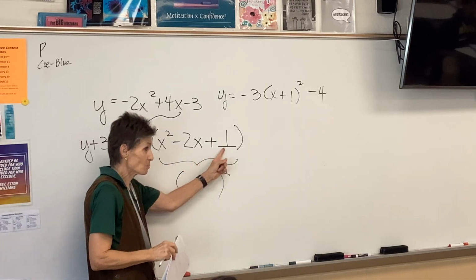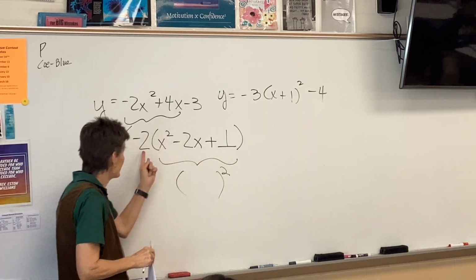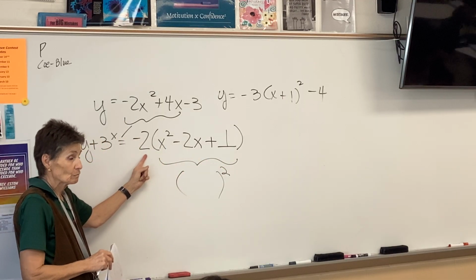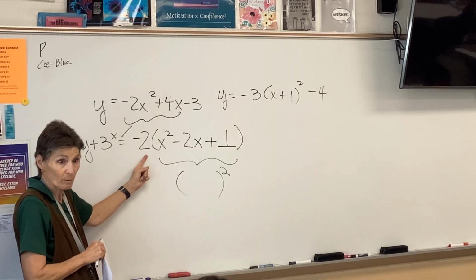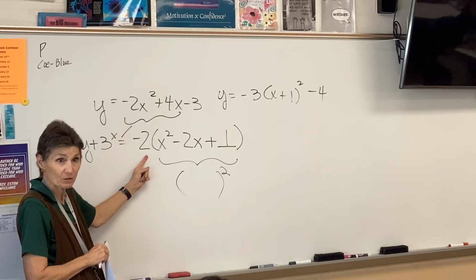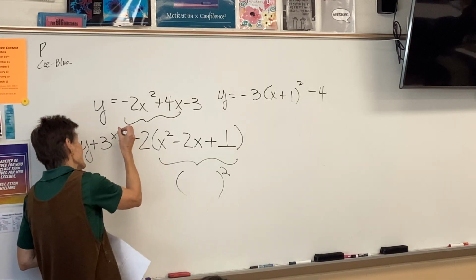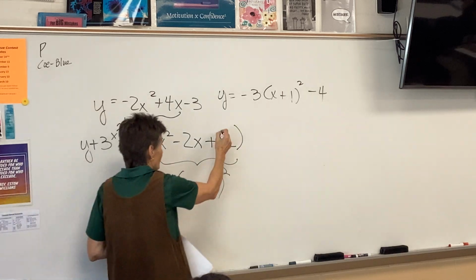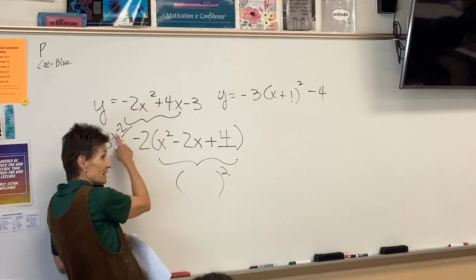I know I put a +1 there, but that +1 is really a -2 because it's inside of parentheses being times by -2. So I need to add a -2 to this side over here. So in other words, if I had put a 4 here, that would have been a -8.